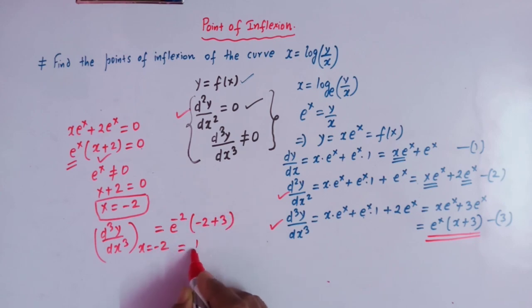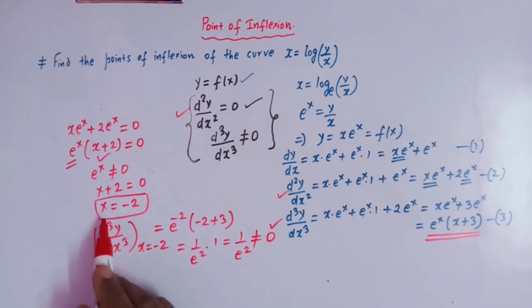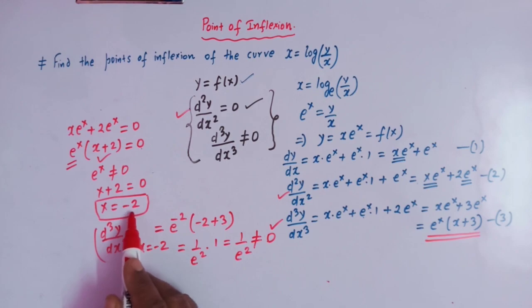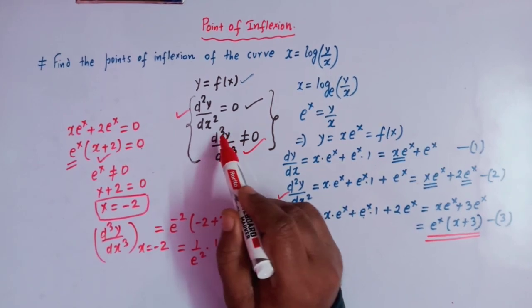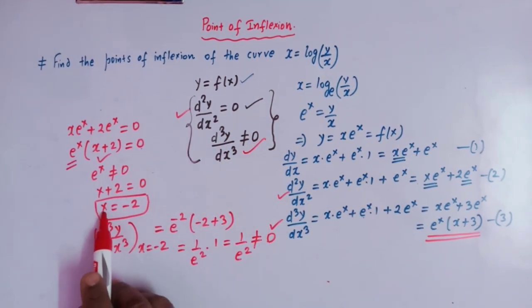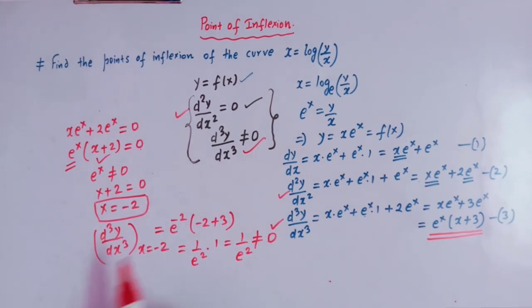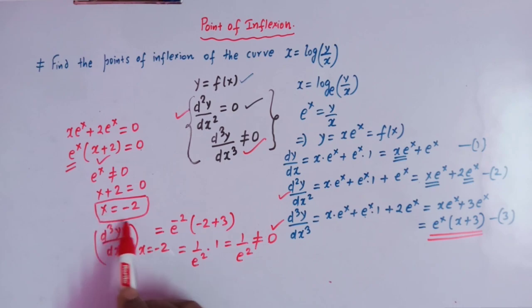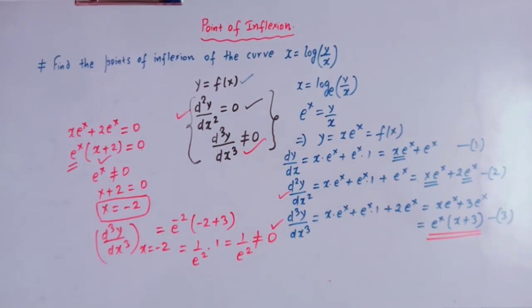So this is 1 over e square times 1, which is 1 over e square, and this is obviously not equal to 0, right? So the point x is equal to minus 2 satisfies this condition, that is the third derivative is not equal to 0 at x is equal to minus 2. So now we can claim that this point x is equal to minus 2 is our point of inflection because it satisfies both these conditions.